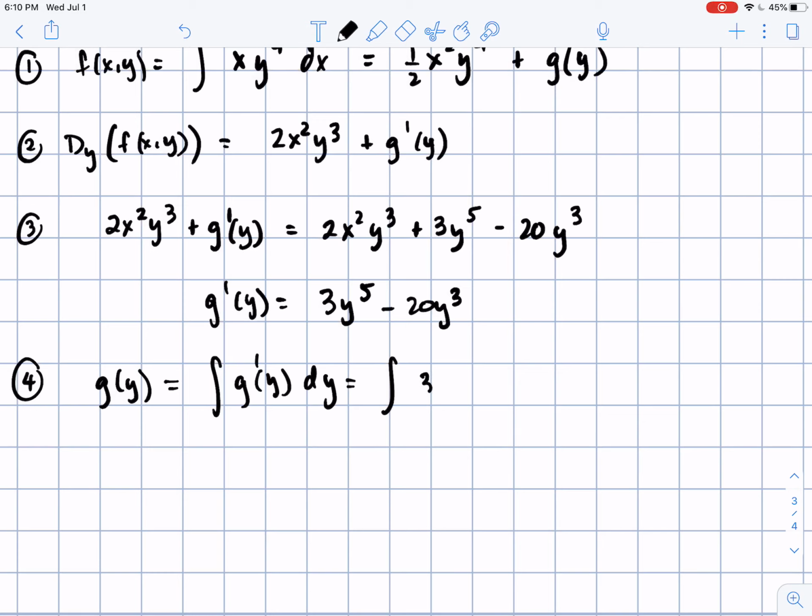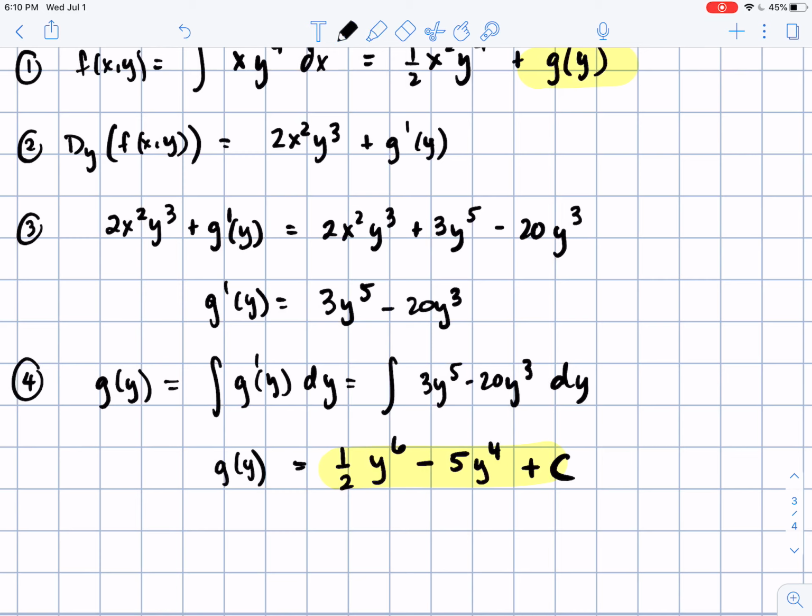So here we get g of y equal to 1/2 y to the 6th minus, so 20 over 4, right? So that's 5 y to the 4th plus now a constant that we need. And now what we could do is substitute that in for g of y.